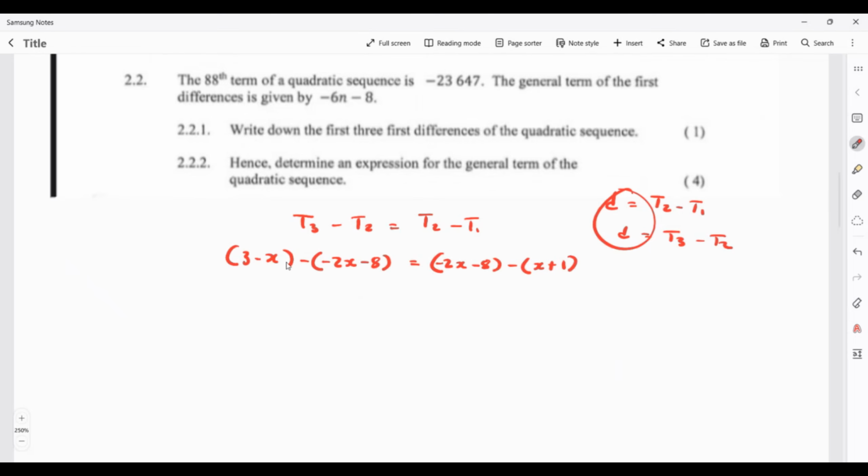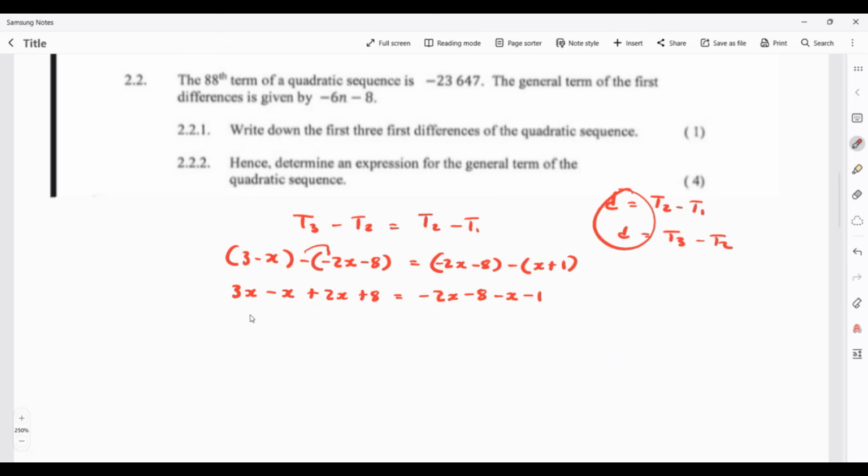When I simplify this, I'm going to have 3x minus x, and then plus 2, plus 2x, because when I multiply negative and negative, I get positive, and then plus 8. That's equal to negative 2x minus 8 minus x minus 1.